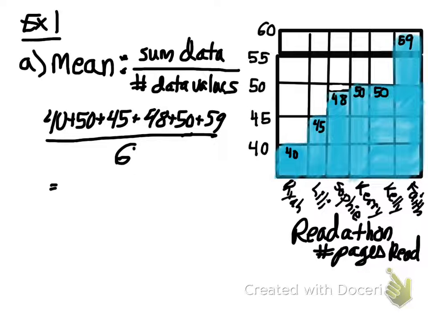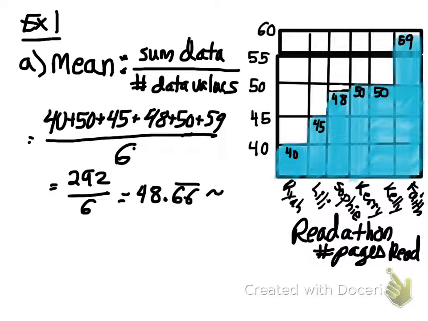So that equals, if you add up all those numbers, 292 divided by 6, which equals 48 point, about 6 repeating, which is approximately, if we round to the nearest tenth, 48.7 pages each. So each student read approximately 48.7 pages. That's our mean.